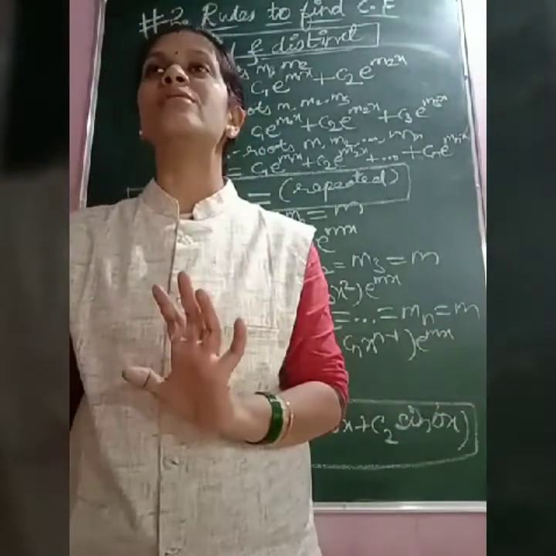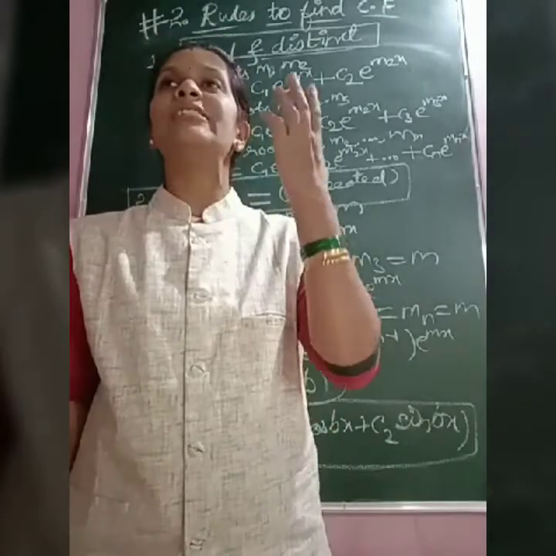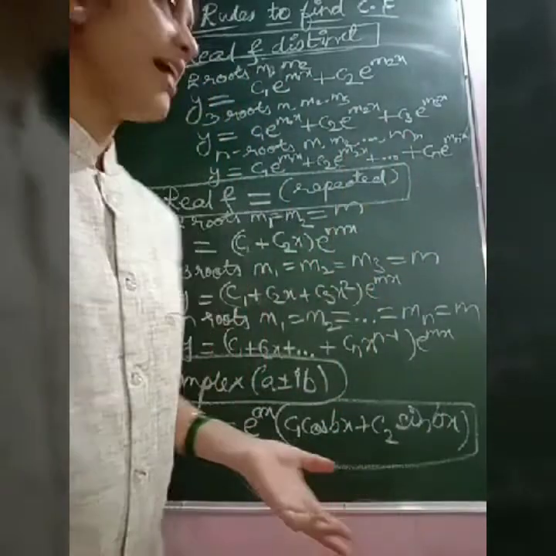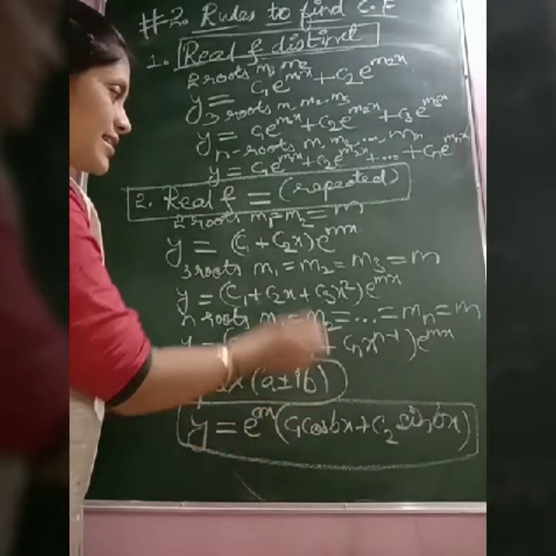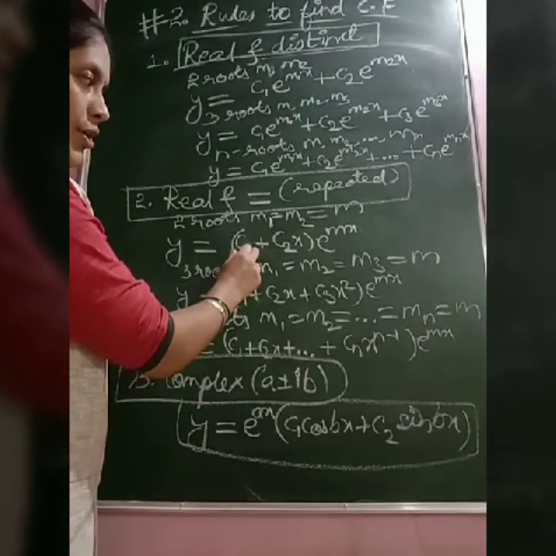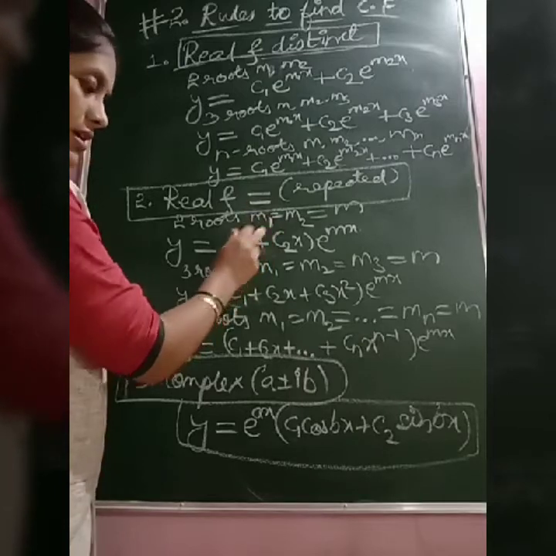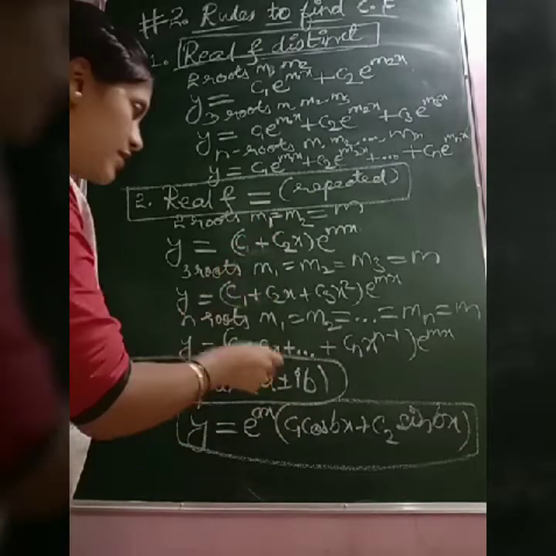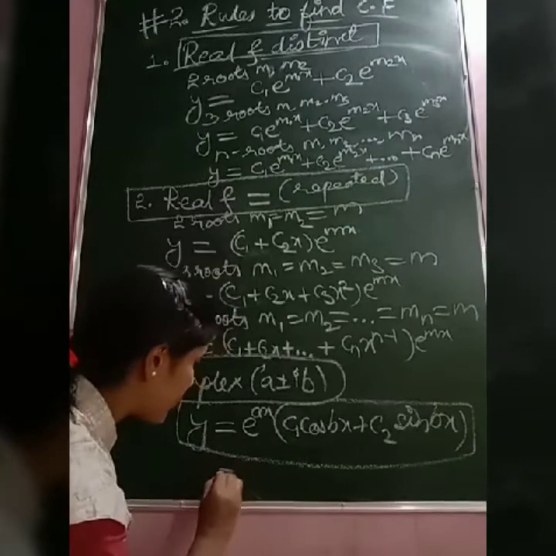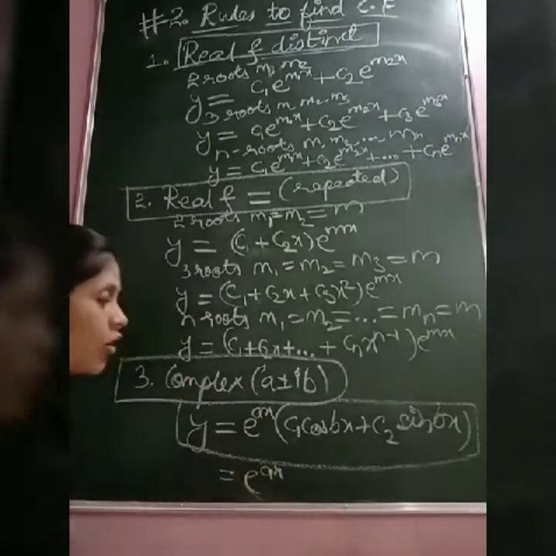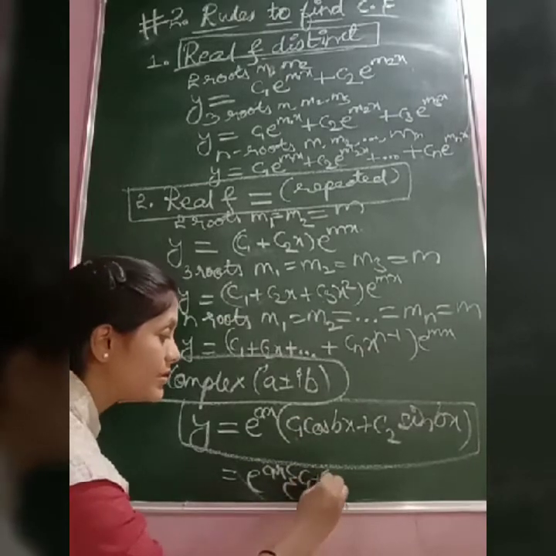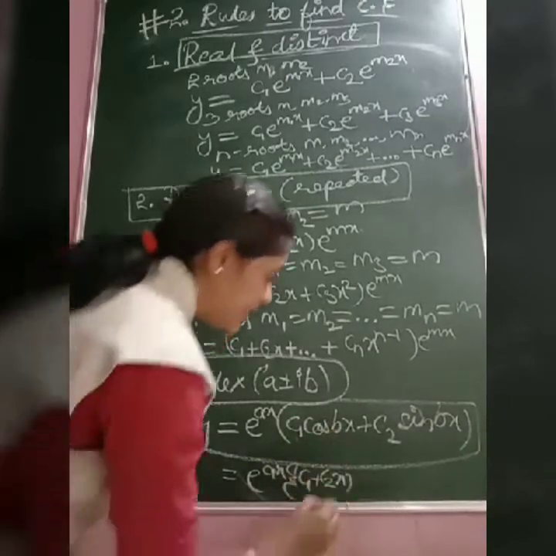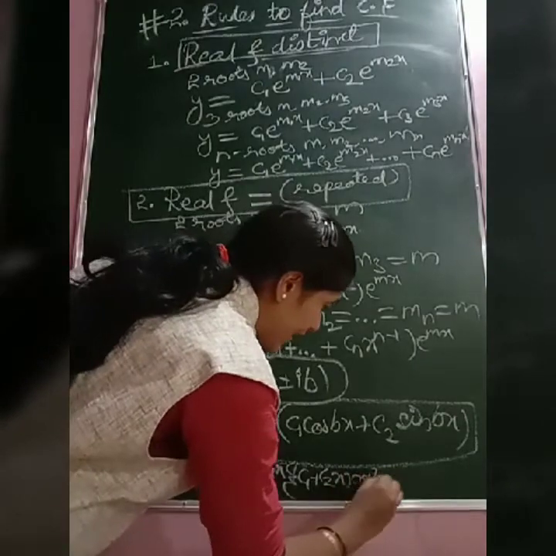Suppose 2 complex roots which are equal, then how can you write? Wherever constants are there, you have to replace them like this. E raised to ax, and for 2 equal complex roots, instead of c1 I write c1 plus c2x, as it is cos bx.